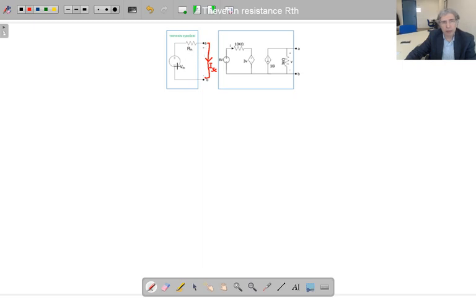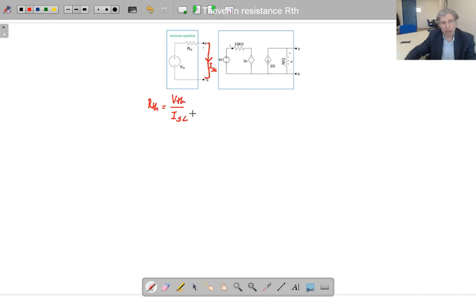So that means that VTH is the same voltage as this resistance voltage. So if I use the resistance definition relation, then RTH is VTH over ISC. So that is the rule.